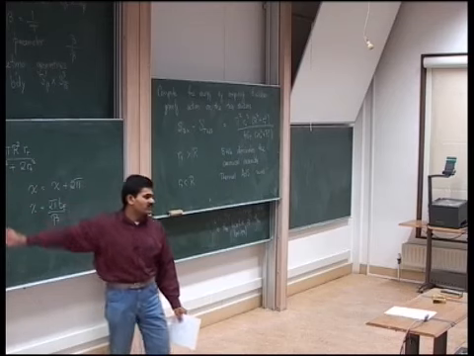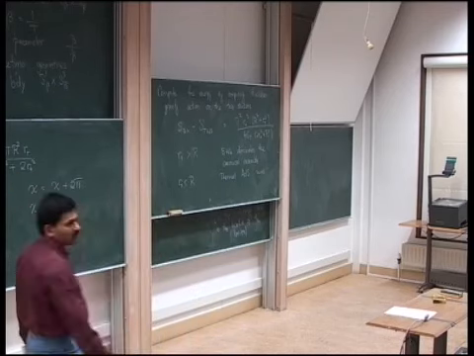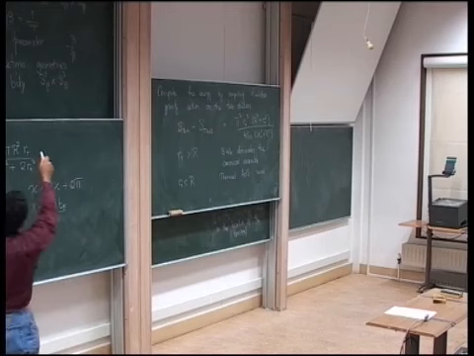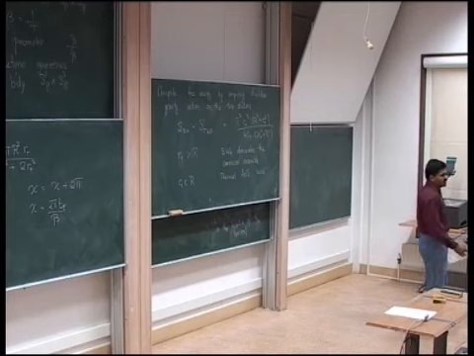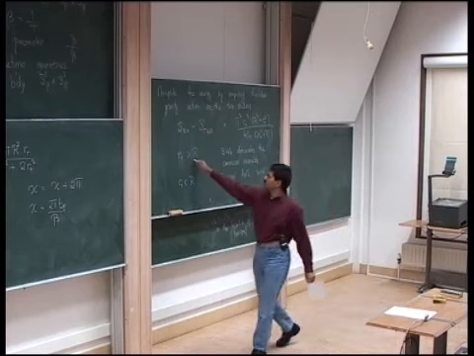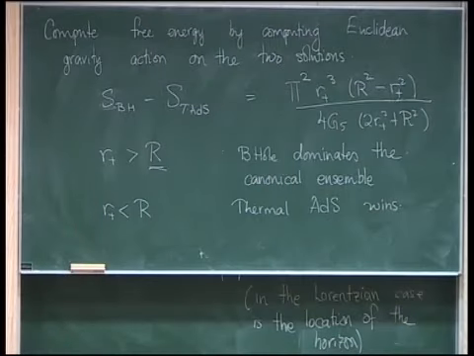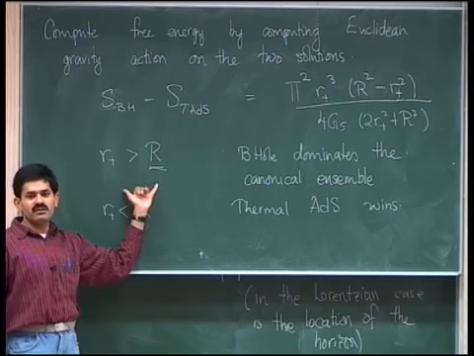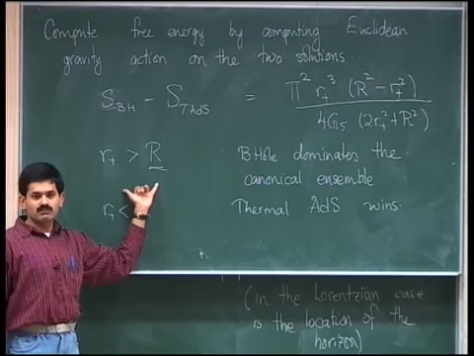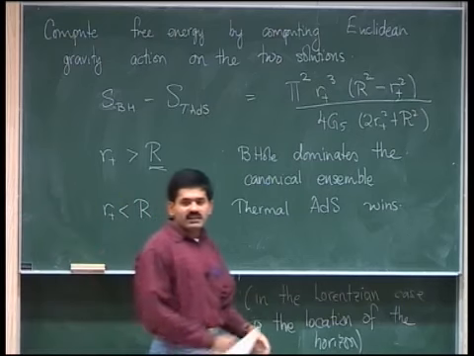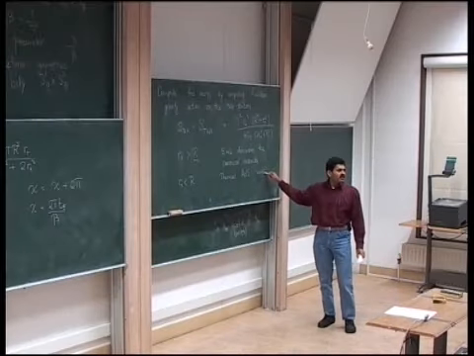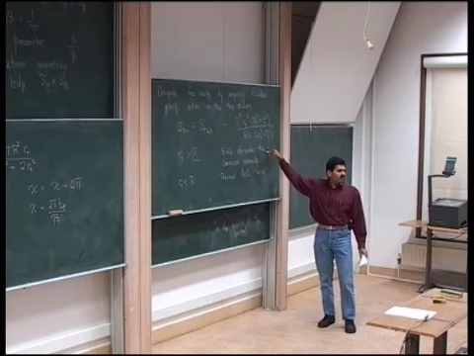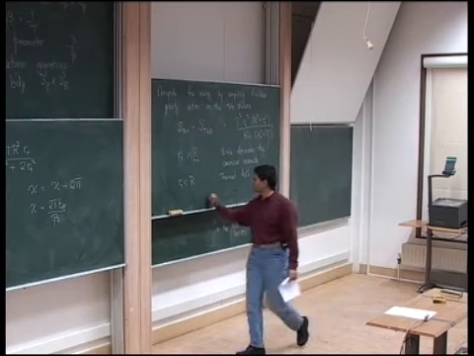I've just relabeled the scale, and so beta can be traded for R plus, and beta tilde, which was the size of the 3-sphere in AdS, on the boundary is exactly of size R. Okay, so I didn't write those scales before, but the ratio of scales there is just the same as the ratio of scales of R plus over R. So as I dial this parameter, I go from one regime where thermal AdS dominates the ensemble to a regime where the black hole dominates the ensemble.